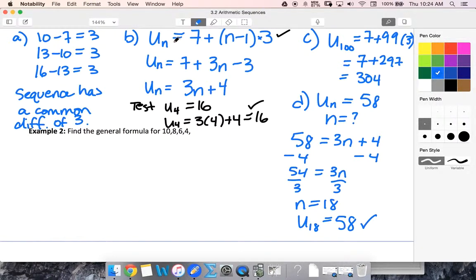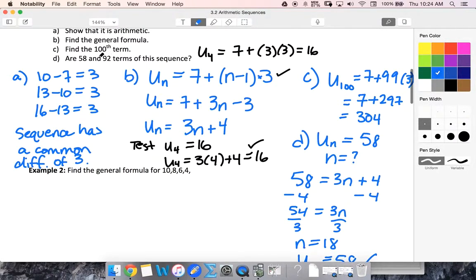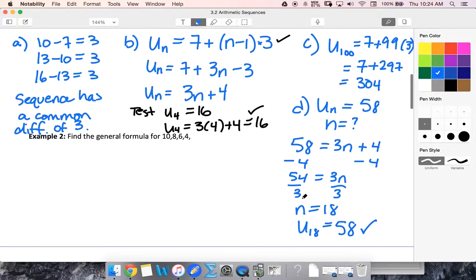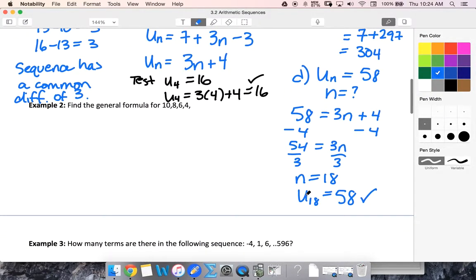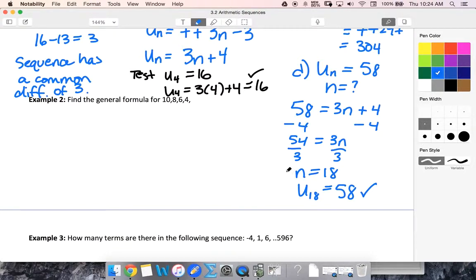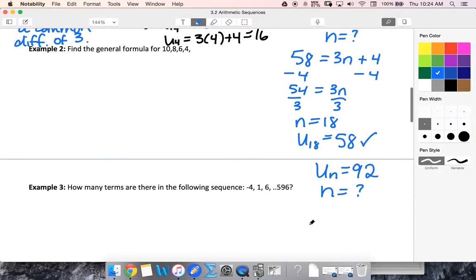Let's try it again with 92. So is there an n such that un is equal to 92? What would that n have to be? I'm going to use the same formula.